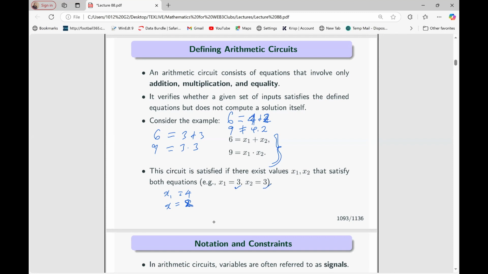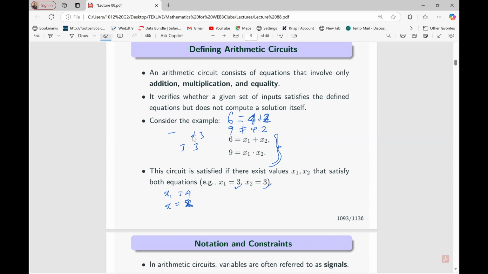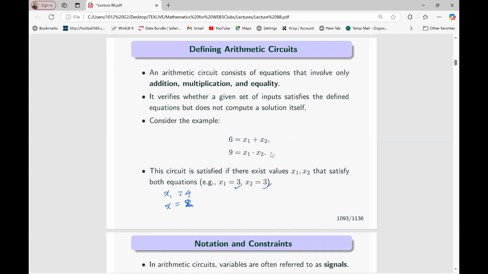So this is just an example of an arithmetic circuit, and that's why we want to be learning how to write this arithmetic circuit for zero knowledge proofs. So what has it done? It has just verified that the inputs given to you are correct.